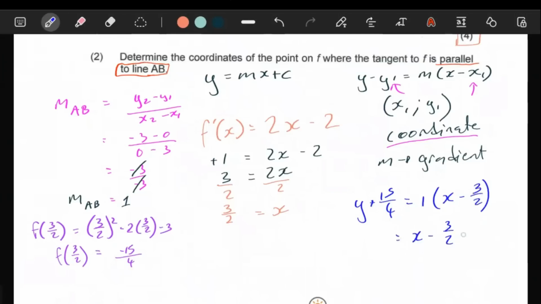This goes over. And then in your calculator, you want to say this value minus that value. So it's like -3/2 minus 15/4. That's like -21/4. There we go. So that's what we have to do next.